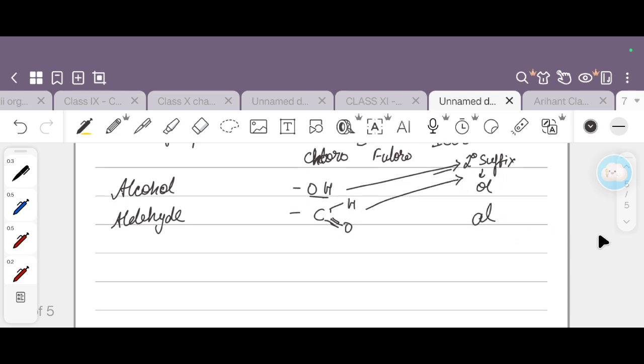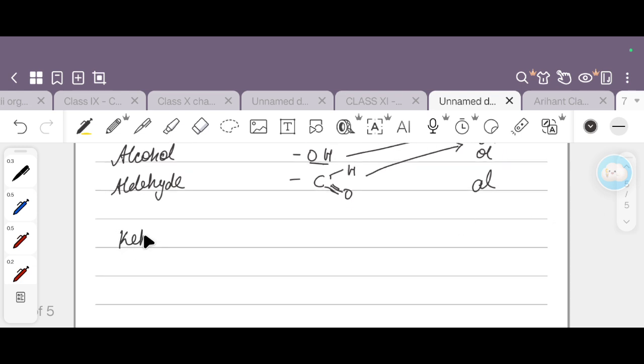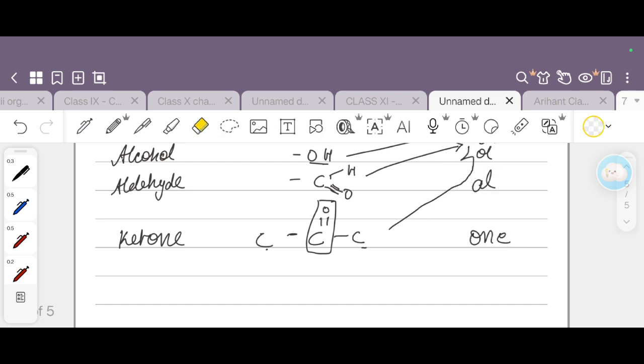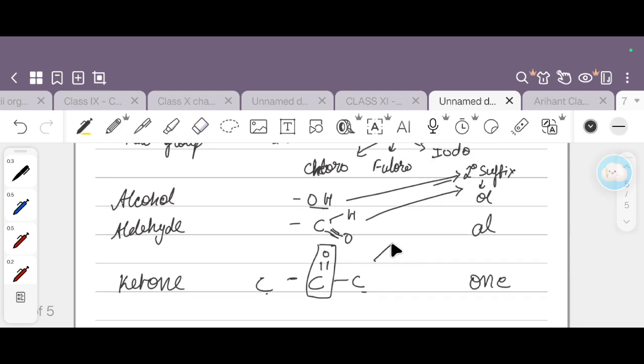Next is ketone, C double bond O, between two carbons. The secondary suffix will be ONE.